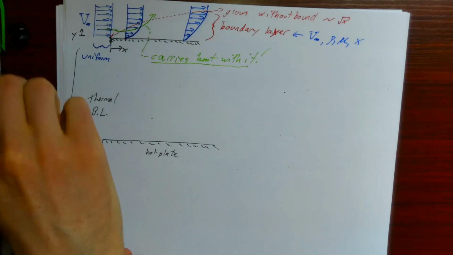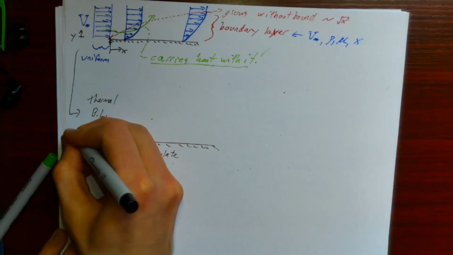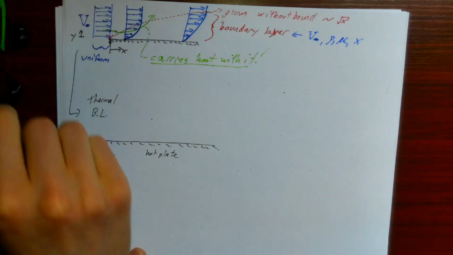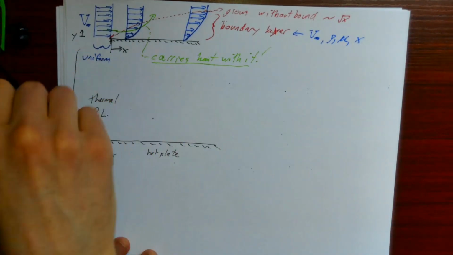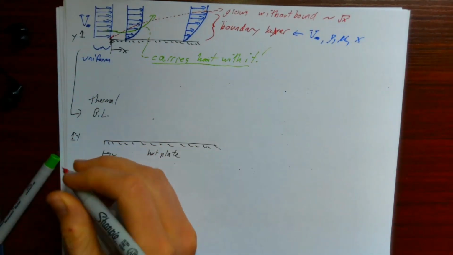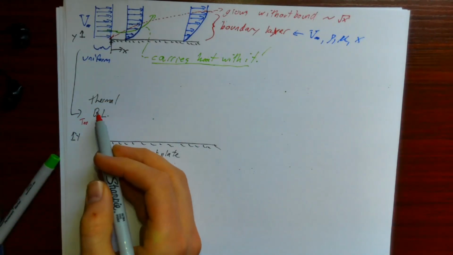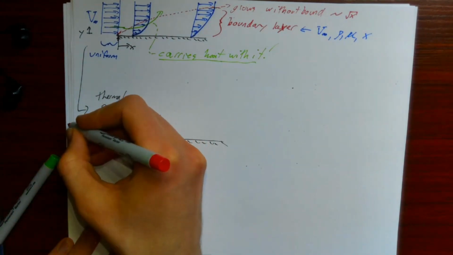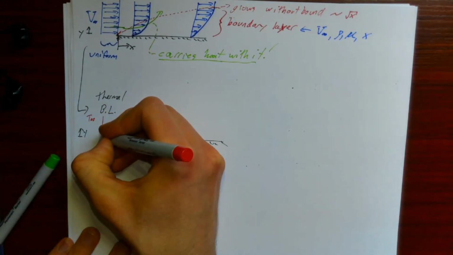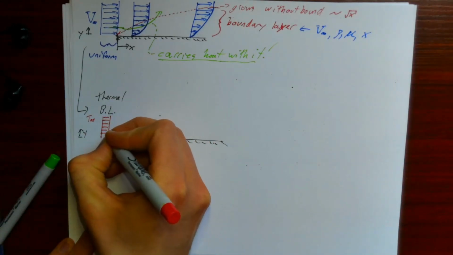And let's say I have the same coordinate system, x and y. Far away from the surface of the plate, I might have some temperature, let's call it T infinity, of the fluid far away from the plate. As the fluid is coming in, all of the fluid has a temperature T infinity.